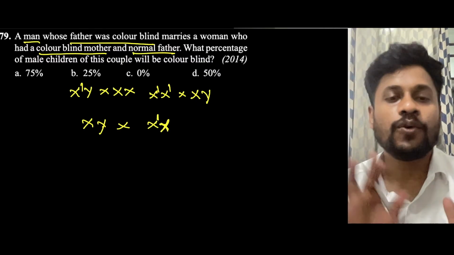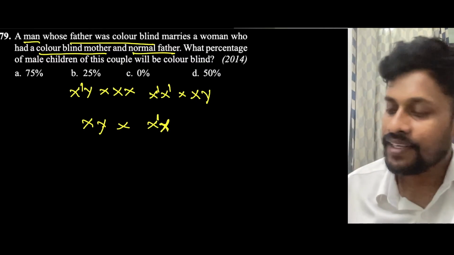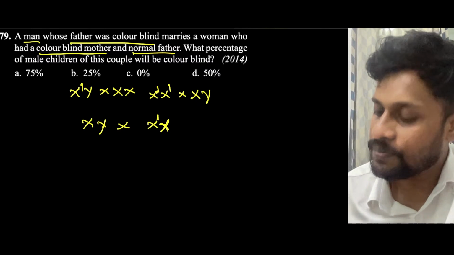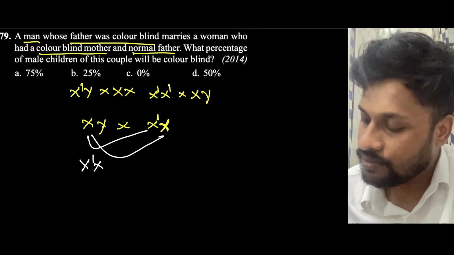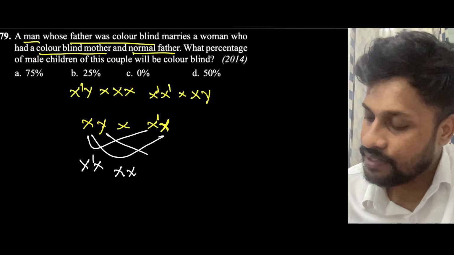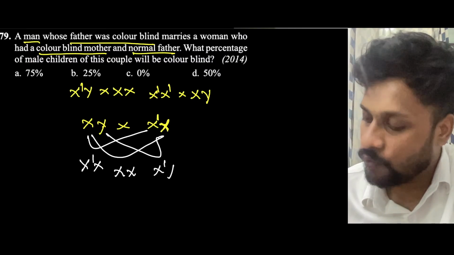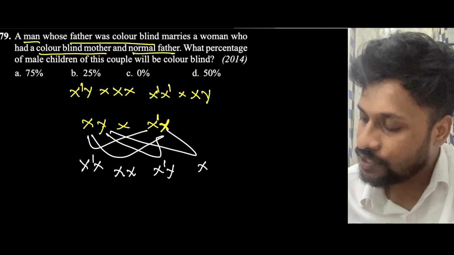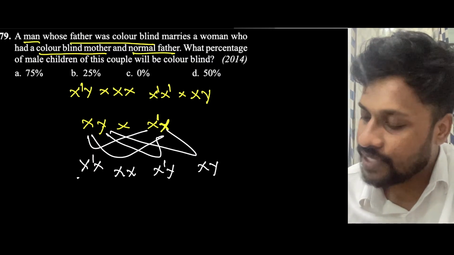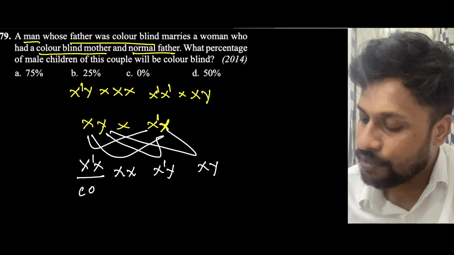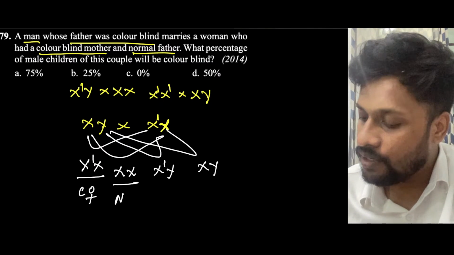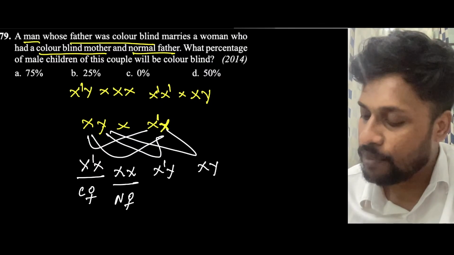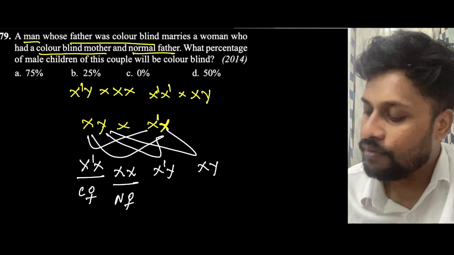If you know this thing, you succeeded, right? So now you cross X dash X, then XX, then X dash Y, then XY. Now what is X dash X? Carrier female. What is XX? Normal female. Carrier female, normal female.